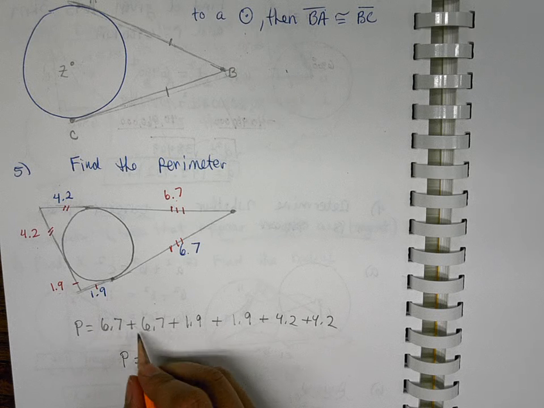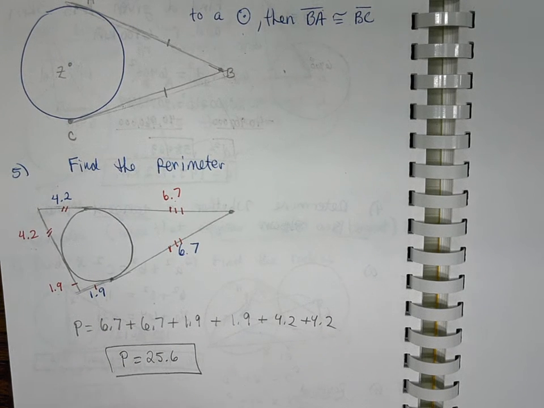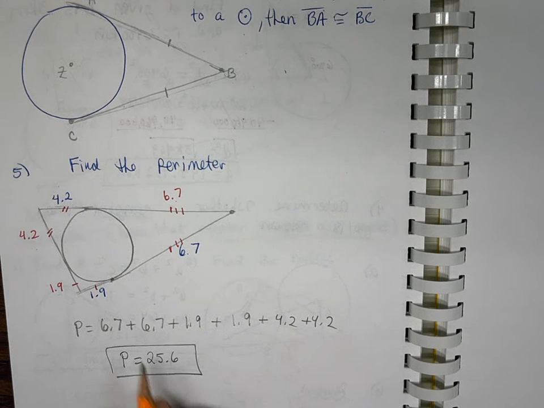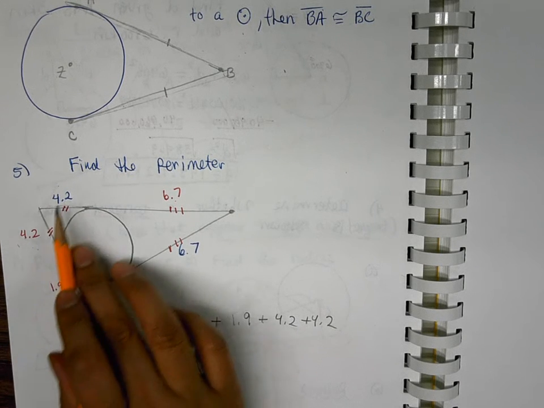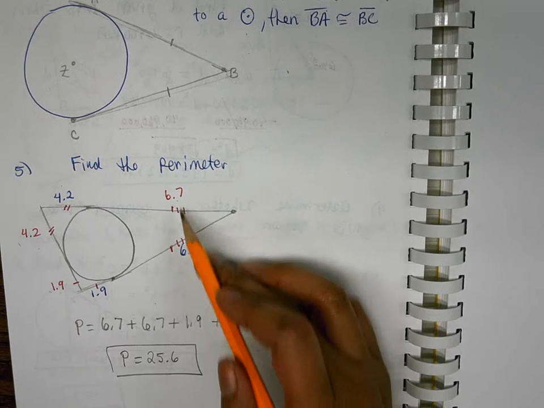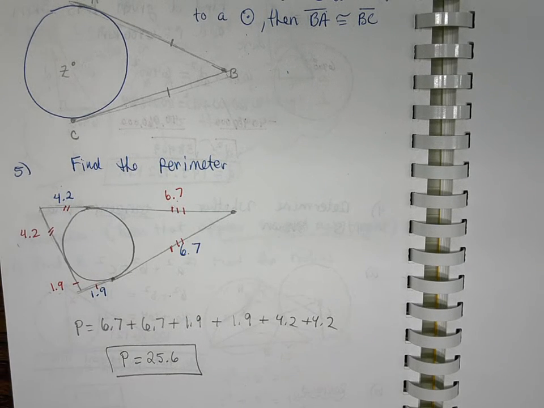And your perimeter comes out to be 25.6. Again, the ones in blue were given. The ones in red we wrote down knowing that these two are congruent, these two are congruent, these two are congruent, and then add up all the sides.